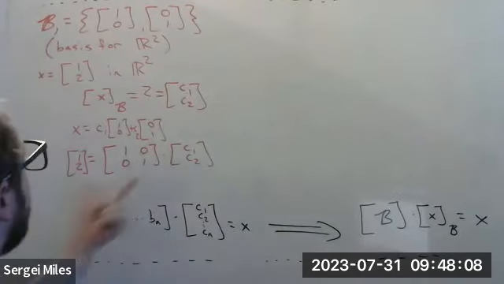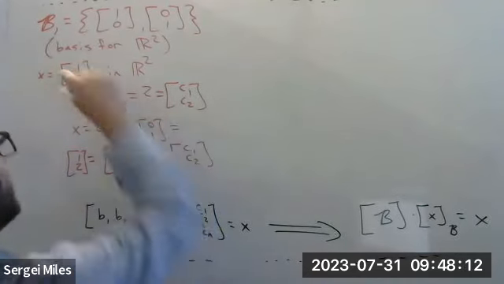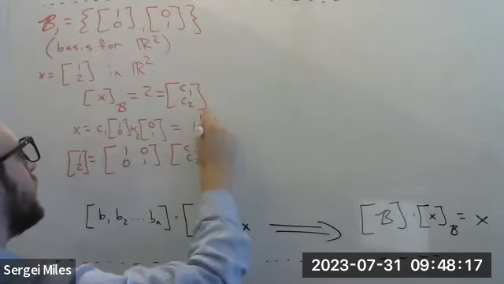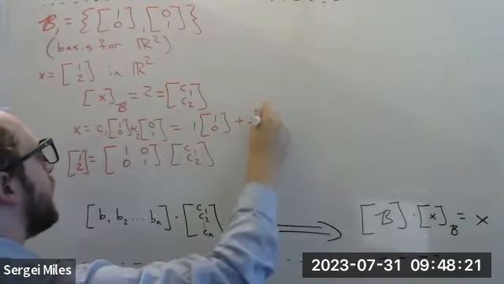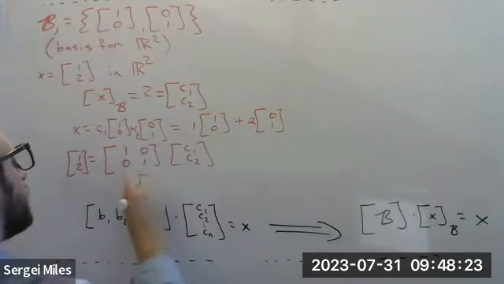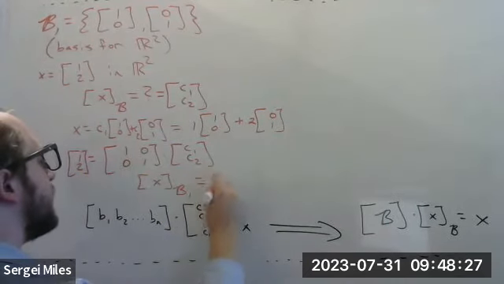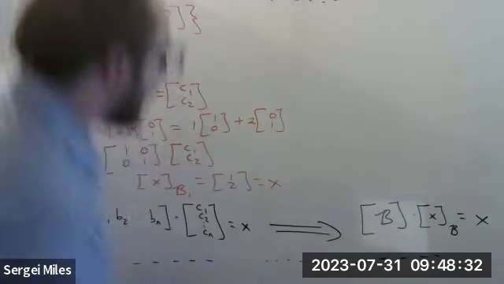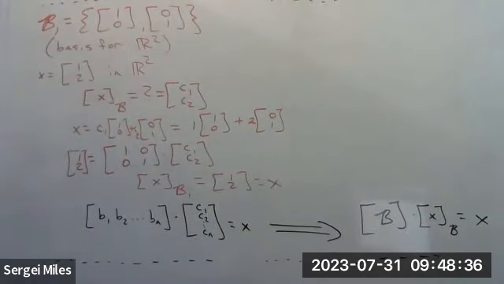Now, lucky for us, we already know the solution here, because I can just take my entries in X. This is 1 in the x-axis direction plus 2 in the y-axis direction. In other words, my X in terms of this basis is just the same vector. And in fact, this is something that's going to happen every time when your basis is made up of identity vectors.